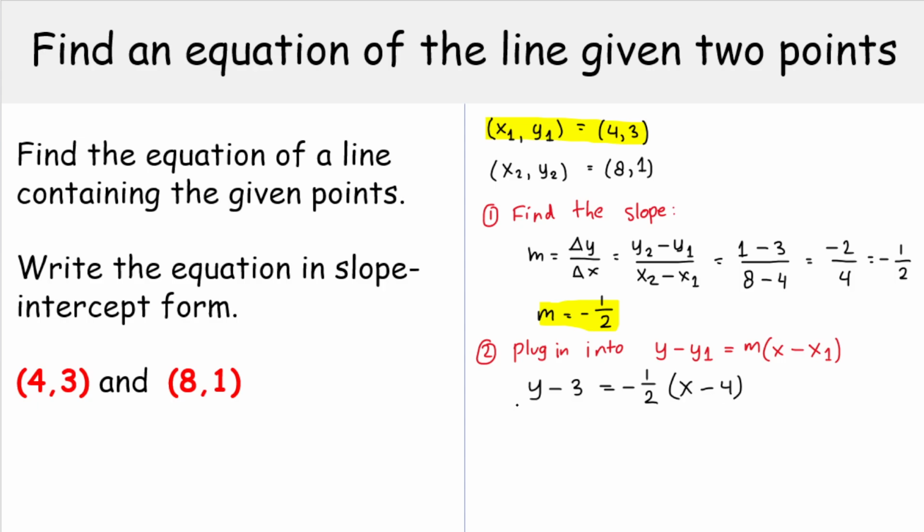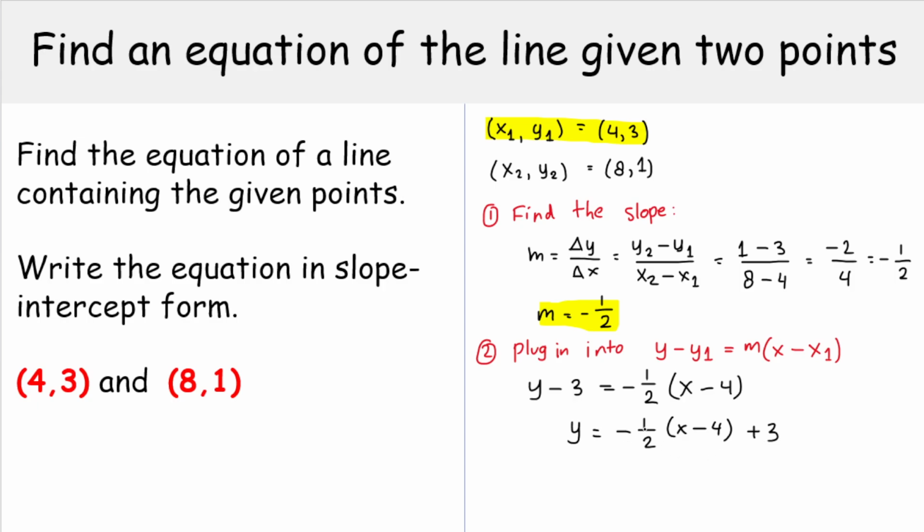Okay, and then maybe we can isolate y here, so y is equal to minus 1/2 multiplied by (x minus 4), and then plus 3.